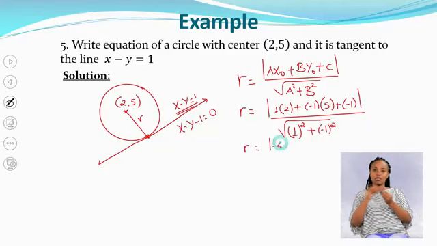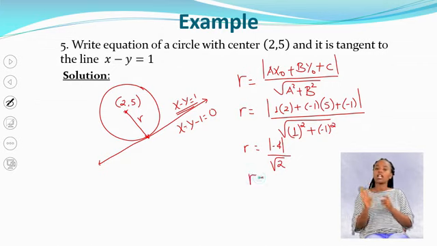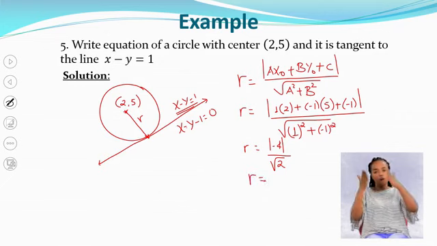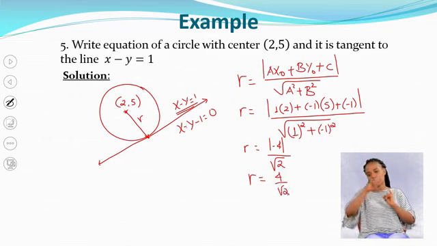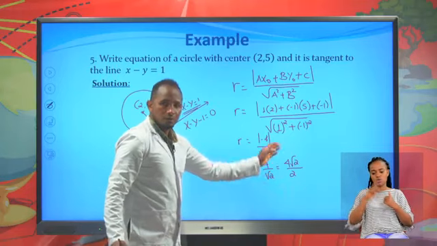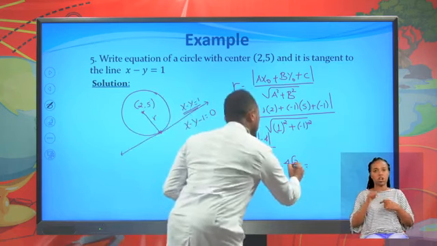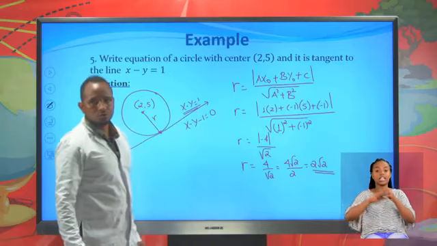We have the absolute value of negative 4 divided by the square root of 1 squared plus negative 1 squared, which is 2, square root of 2. So r is equal to 4 over root 2. Rationalizing this, you have 4 times root 2 over 2, by multiplying by root 2. Simplifying, 4 over 2 is 2, so 2 root 2. So the radius is 2 root 2.